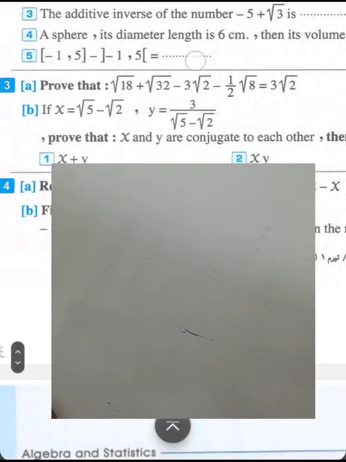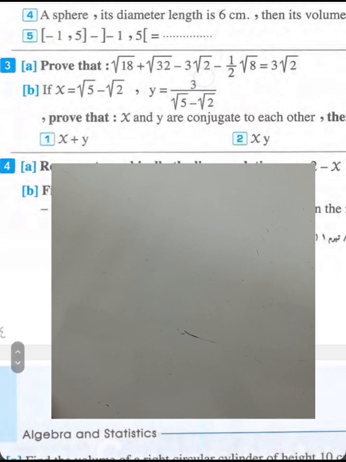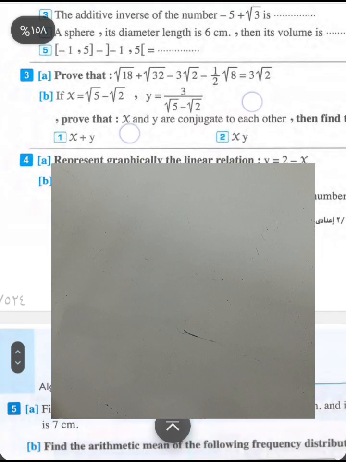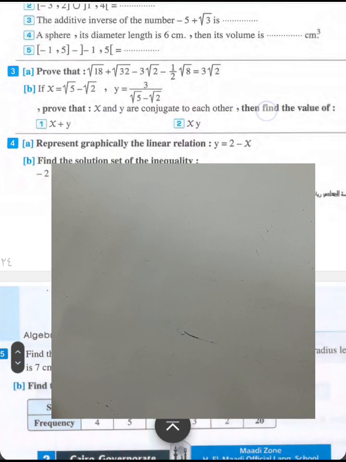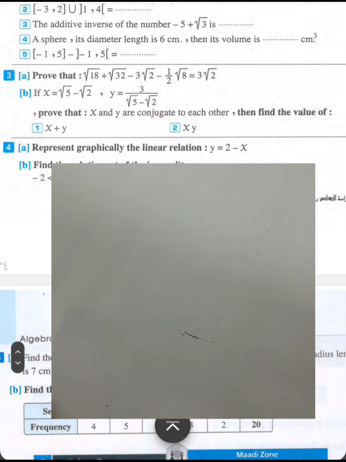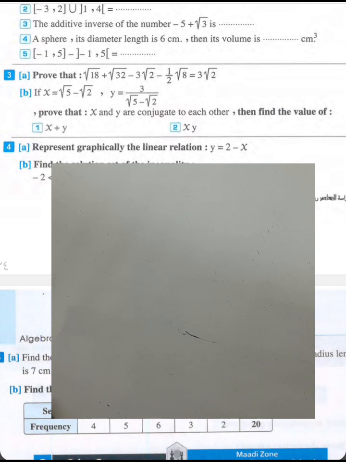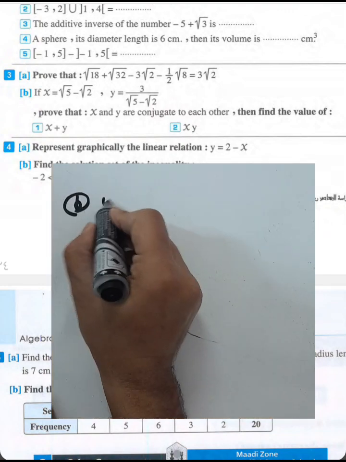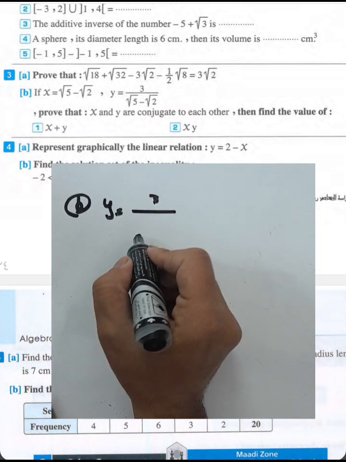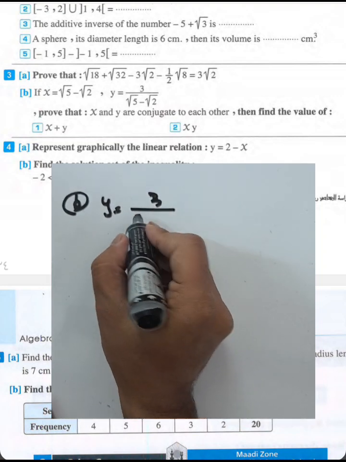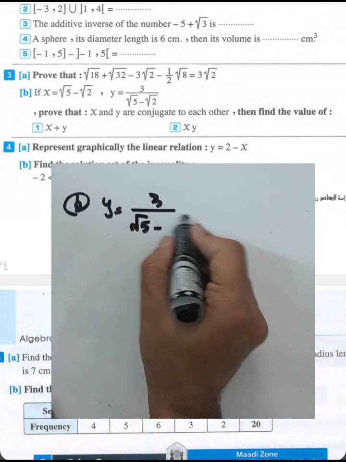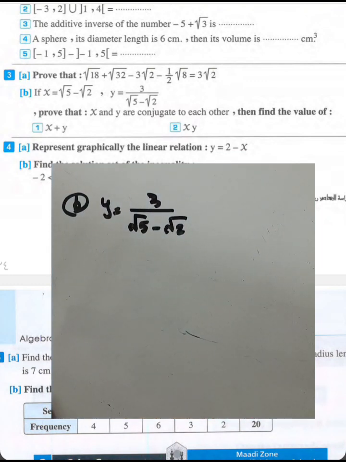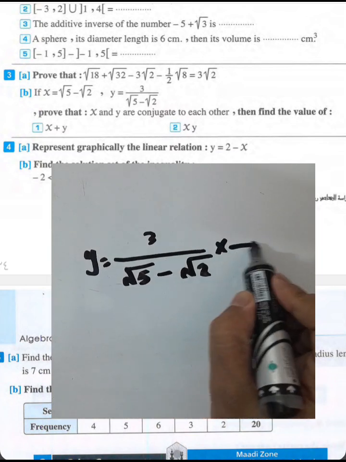Next question: if x equals root 5 minus root 2 and y equals 3 over root 5 minus root 2, prove that x and y are conjugate to each other and then find the value of x plus y. We can prove that by multiplying the numerator and denominator by the conjugate. For y, we have y equals 3 over root 5 subtract root 2, multiplied by the conjugate of the denominator.